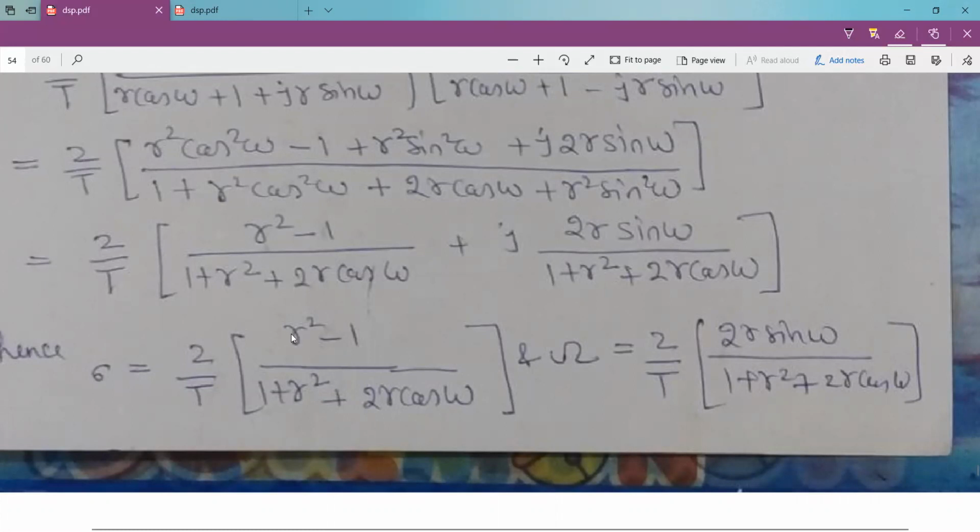If R is equal to 1, meaning all the points that lie on the unit circle, in that particular case sigma will be 0, meaning it will represent the J capital omega axis of S-plane. And if R is greater than 1, sigma will always be a positive number, so all the values of R greater than 1 will lie in the right hand side of the S-plane.